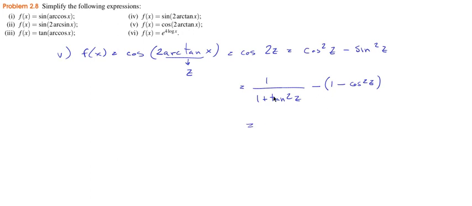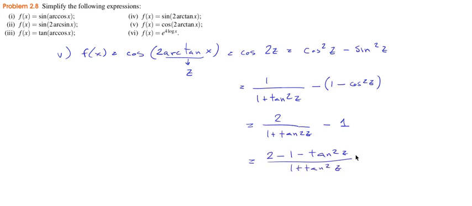So we have 2 times this, 1 plus the tangent squared of z minus 1. And so this is 2 minus 1 minus the tangent squared of z over 1 plus the tangent squared of z.